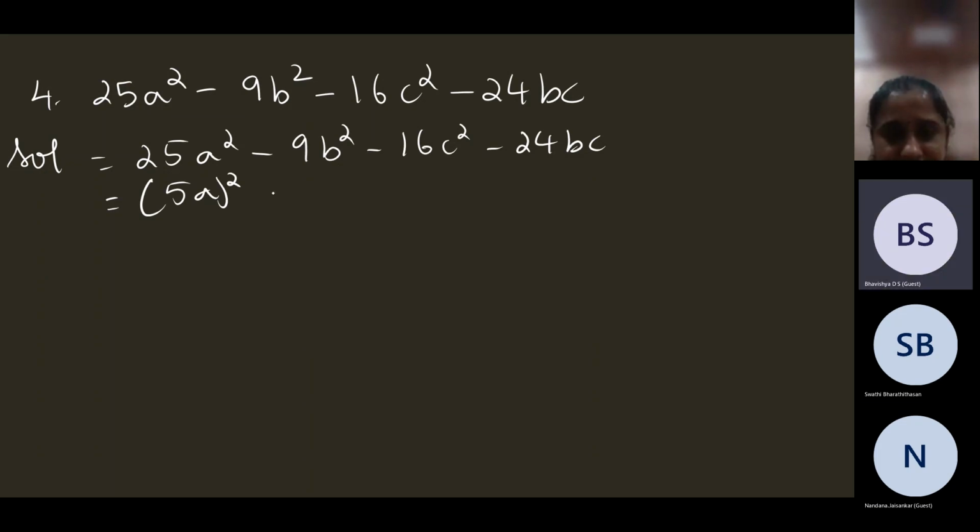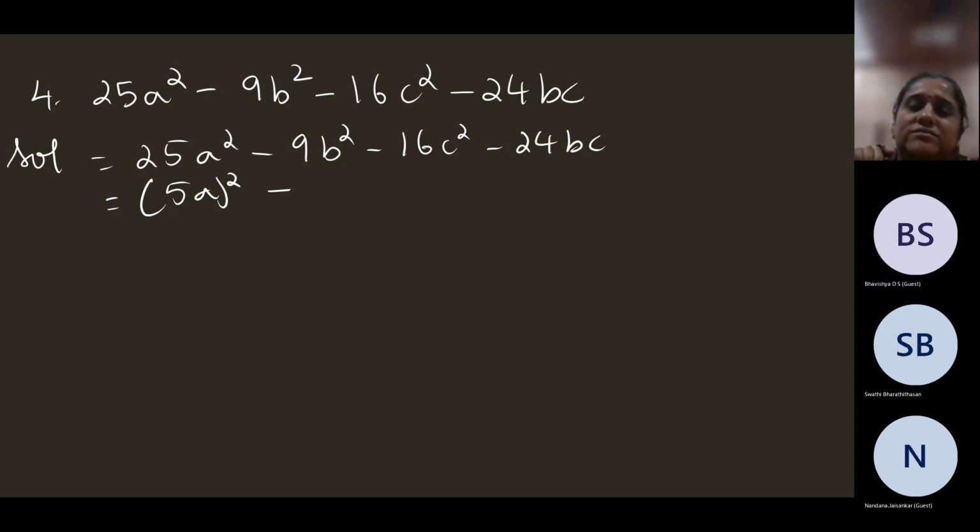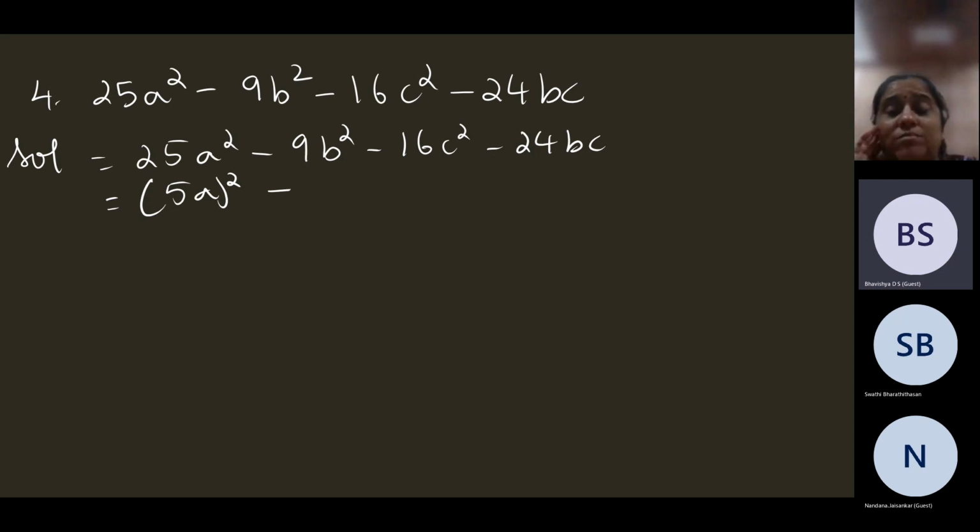5A the whole square minus 3B the whole square, ma'am. After that, plus 4C the whole square, ma'am. How did you get plus 4C the whole square? Sorry, ma'am, minus 4C the whole square. Minus 24BC as it is, ma'am.